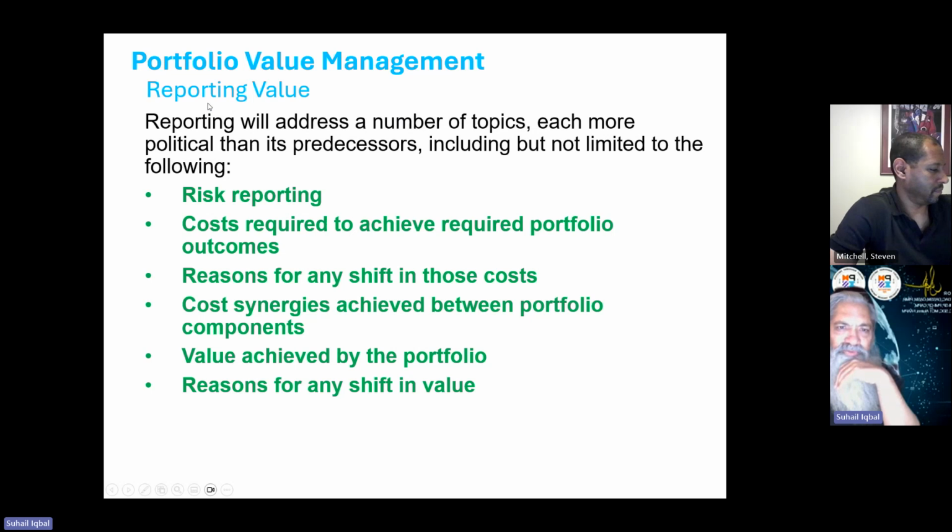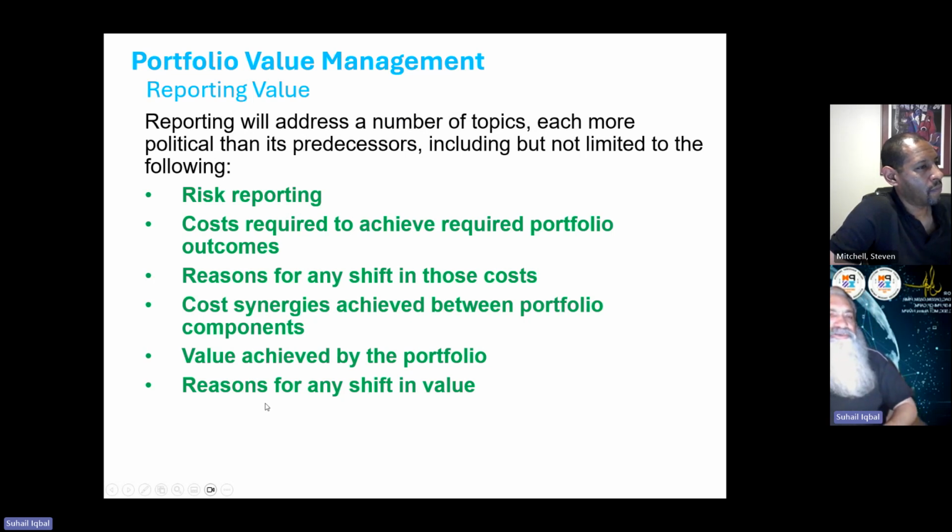In reporting value, we will address a number of topics like risk reporting, costs required to achieve required portfolio outcomes, reasons for any shift in those costs, if the cost being spent is more or less than what we expected, cost synergy achieved between portfolio components, value achieved by the portfolio, and the reasons for any shift in value.